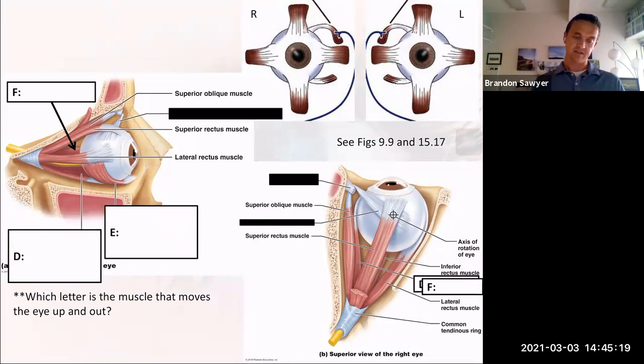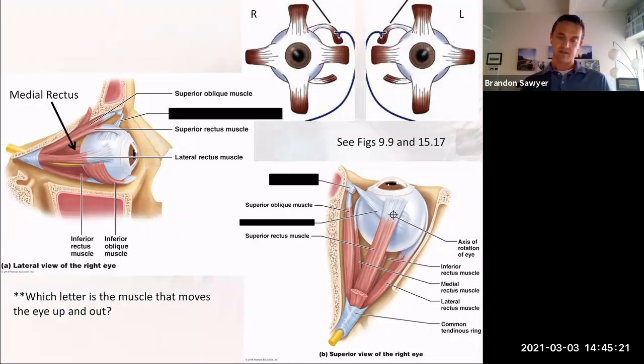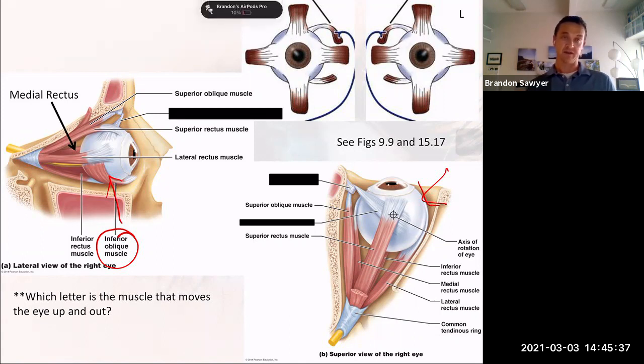This is a superior view, so we're not going to see much of it right there, but we can see it right here, that inferior oblique muscle. So you want to be able to label those muscles on the diagram and know what actions they produce.